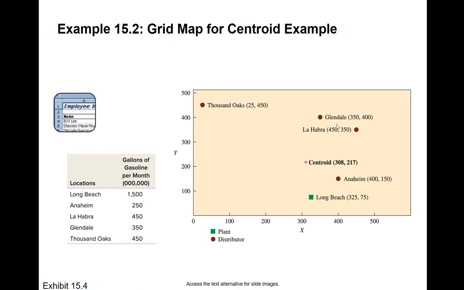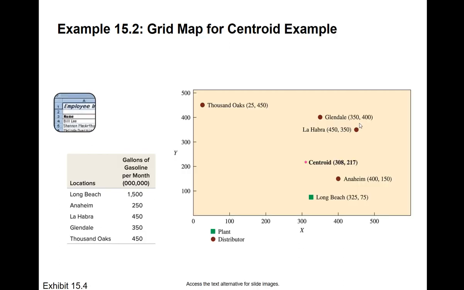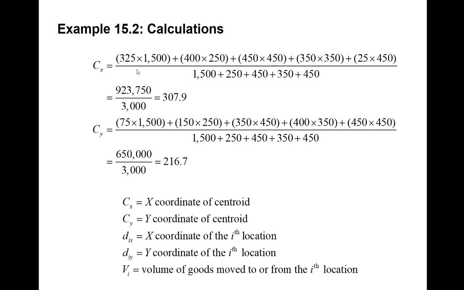We just use the x value times the value of the goods. So 450 times 450, 350 times 350, and 25 times 450. We sum all the numbers here.